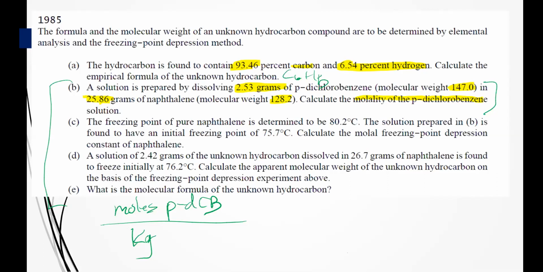So for molality, it's not kilograms of the solution, it's just the kilograms of the solvent. So that means that we can take these moles of the dichlorobenzene. I'm just going to shorten it as DCB. And then I need to take the kilograms of that naphthalene.